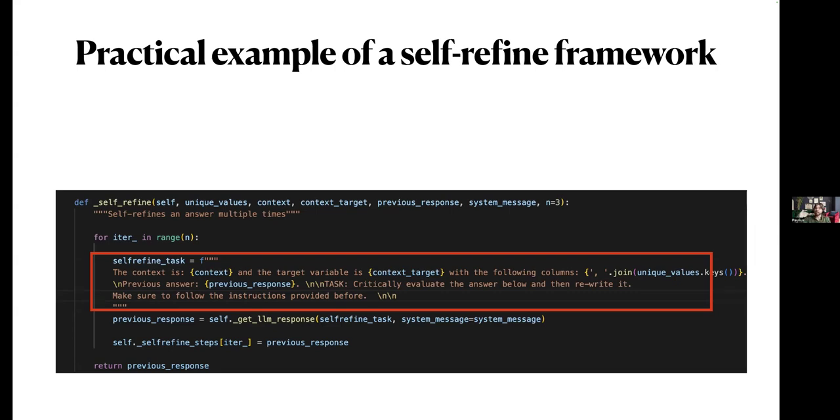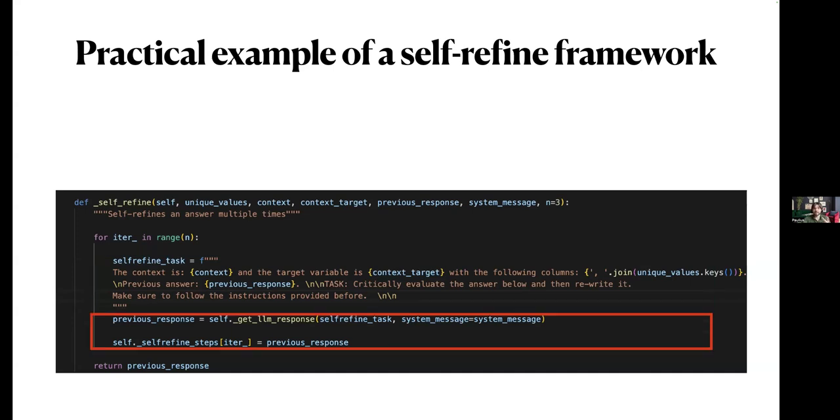Then I say critically evaluate the answer and rewrite it, making sure to follow the instructions as before. Then I just pass this to a language model as a direct prompt, and I get the output. This is by no means a good or efficient implementation, but the idea is that you can simply get an output, then criticize it, then get it back, and so on.